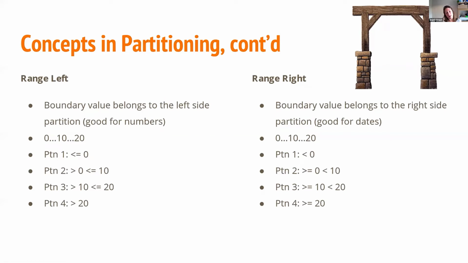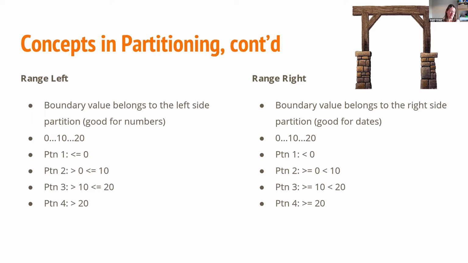But where does 10 fit in? This is where left and right is going to make a difference. The number 10 is the boundary value in this case. It's the second boundary value over here. When you have a left range, the rule says anything greater than my left boundary and anything less than or equal to my right boundary will fall into this partition.